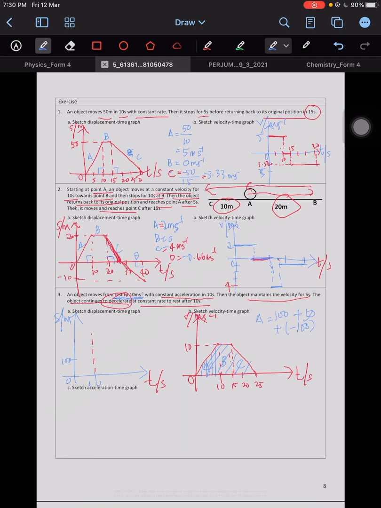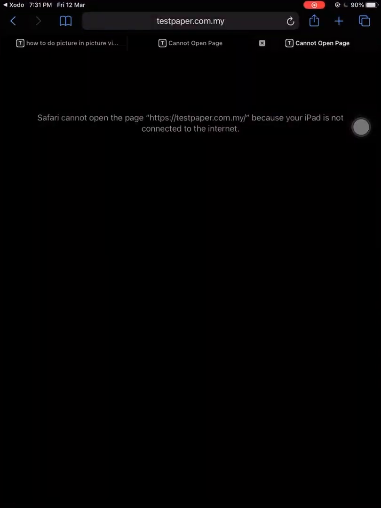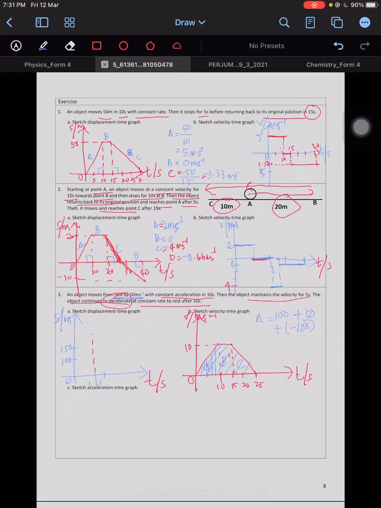When you add 50, it becomes 150. In how many seconds? 5 seconds. And then another 5 seconds. So you see those are the points.